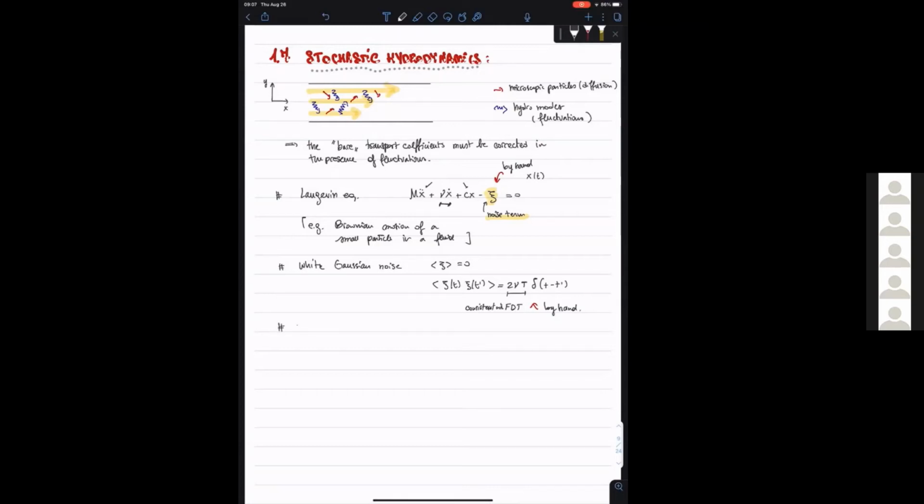And the correlation functions now can be computed by looking at this type of path integral, where you have to impose the equations of motion.